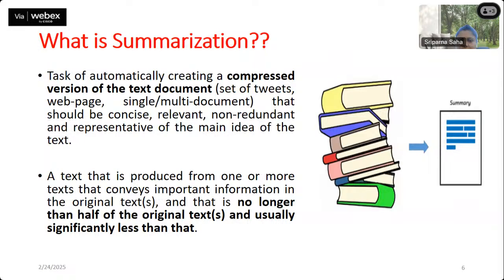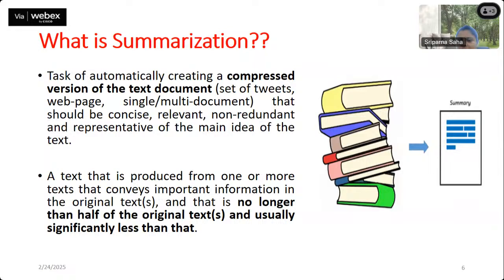So basically, suppose we have a long text, and we want to generate a concise, relevant, non-redundant summary representative of the main idea of the text. This is called the summarization task. It is a text that is produced from one or more texts, that conveys the important information in the original text, and that is no longer than half of the original text and usually significantly less than that.